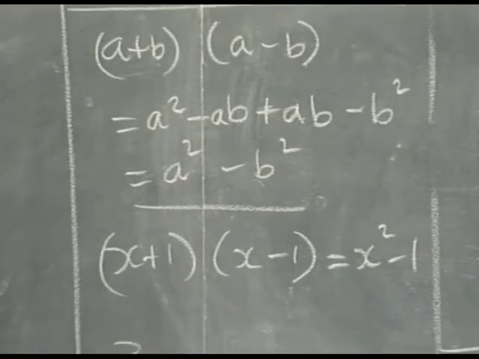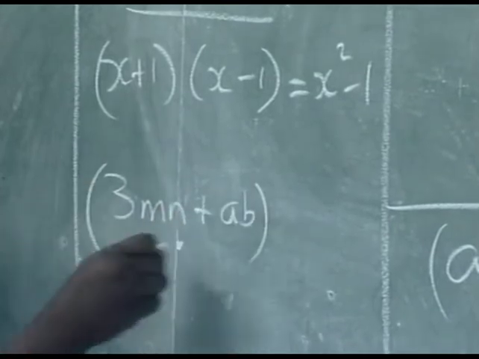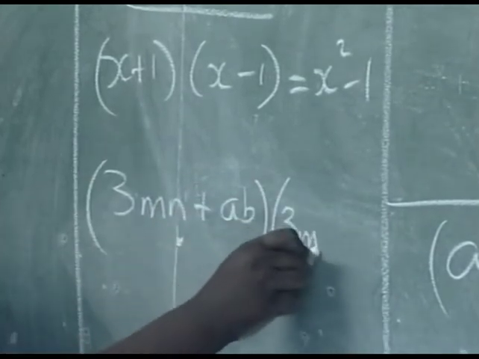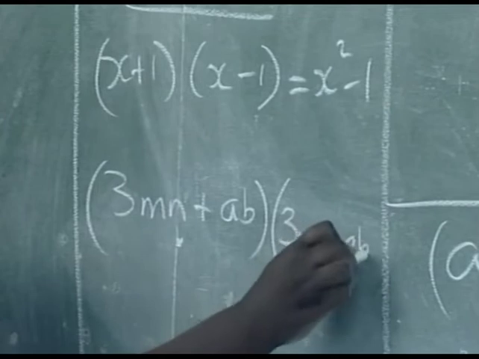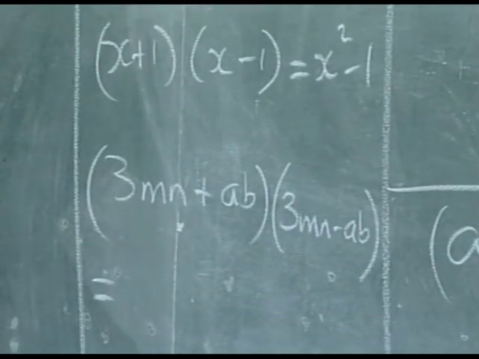3mn plus ab times 3mn minus ab. Quickly, I should have a hand up already.